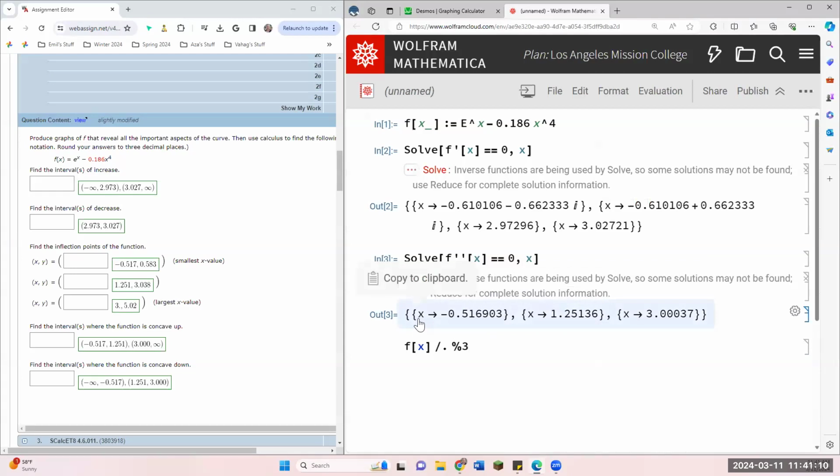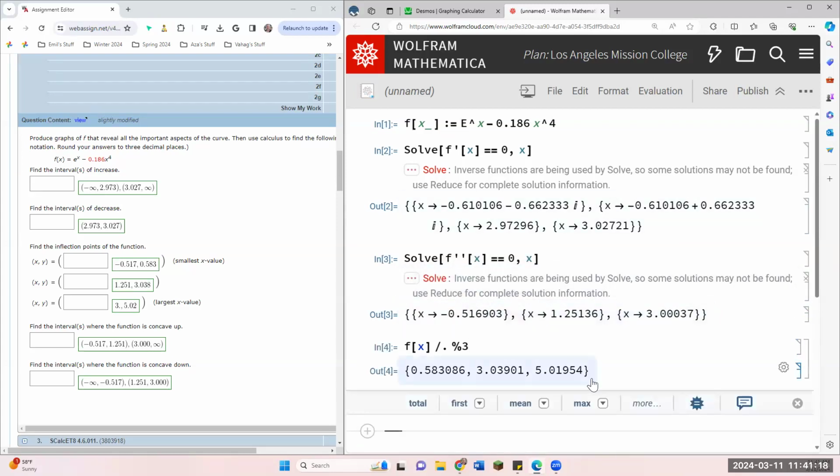It says, let x be this value, let x be these values. So all we have to do is say, plug them through f of x, and then it will do that. If you see the values here, that's the y component, right? That's the y value when this x value is plugged into the original function f. So that's how it does it.